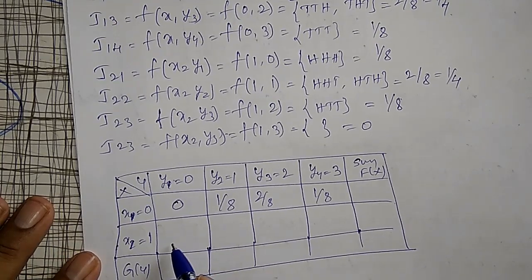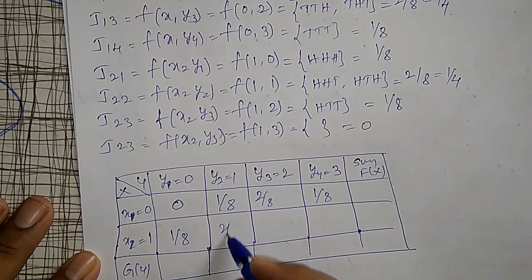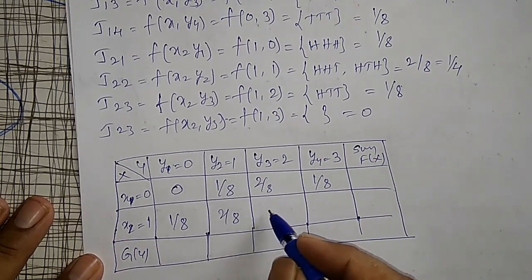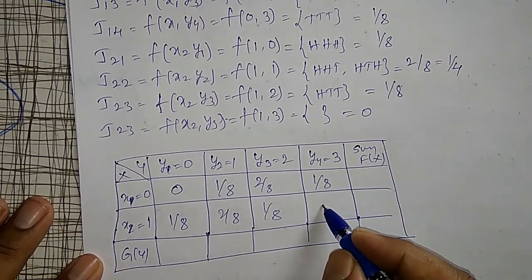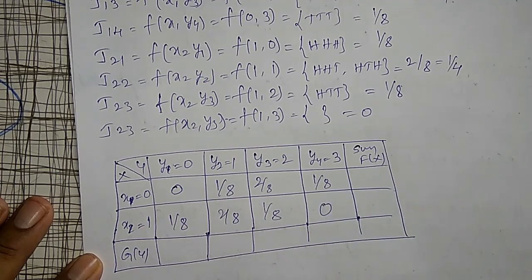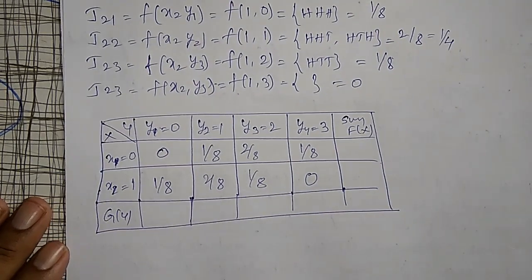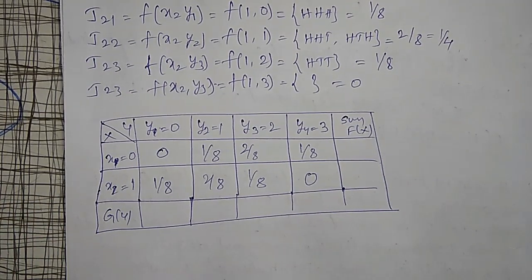Then next, J21 is 1 by 8, J22 is 2 by 8, next 1 by 8, and the last one is equal to 0. Okay, this is how to form the joint probability distribution.